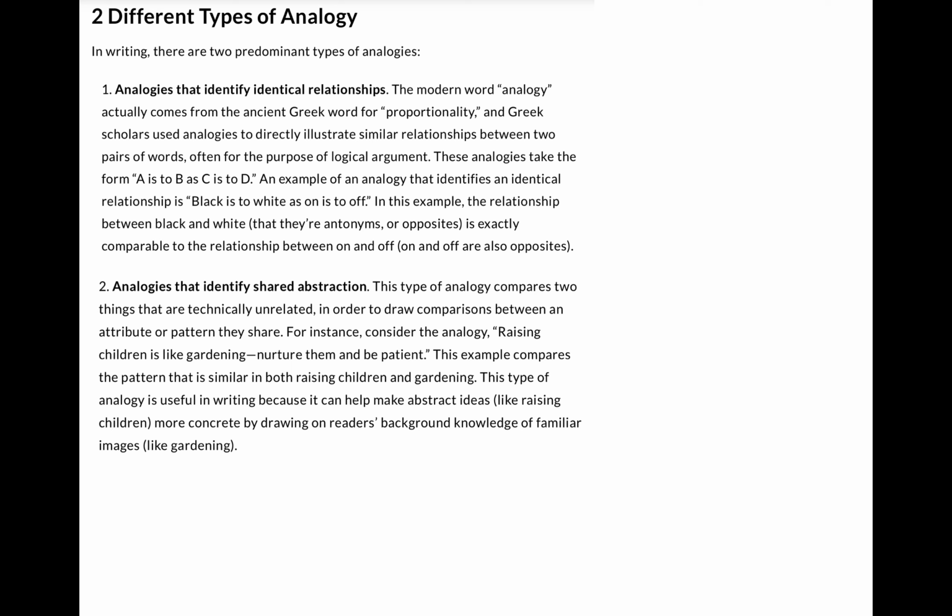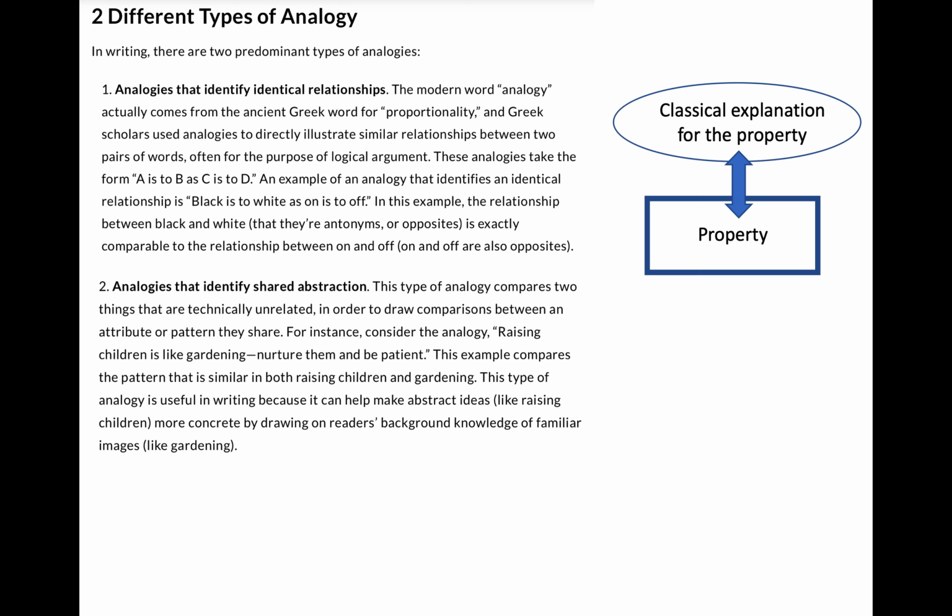Looking a little bit more closely at the idea of analogies, I like this one, as we often encounter analogies in writing, in reading the works of authors. Analogies in writing may describe either identical relationships or shared abstractions. When we take this into the discussion of quantum mechanics, we might have a particular property that we can measure, and there's a classical explanation for that property.